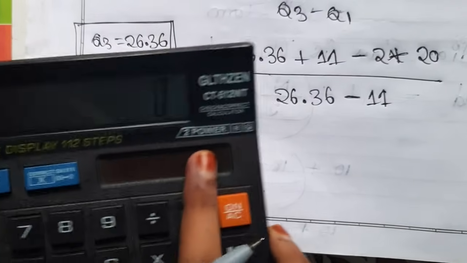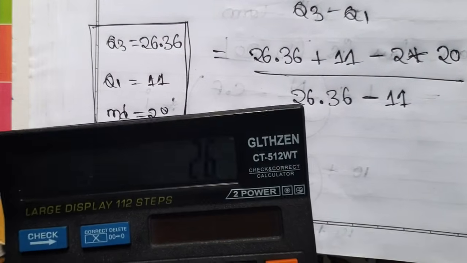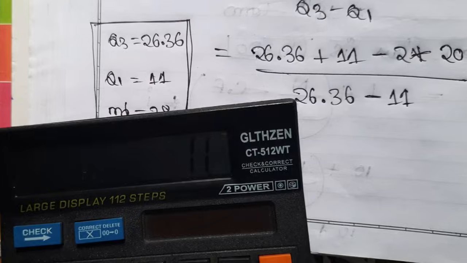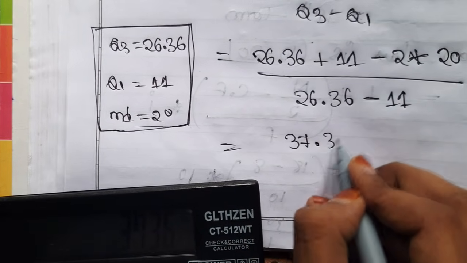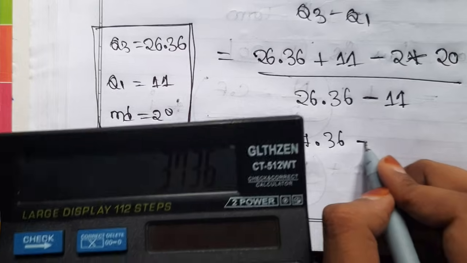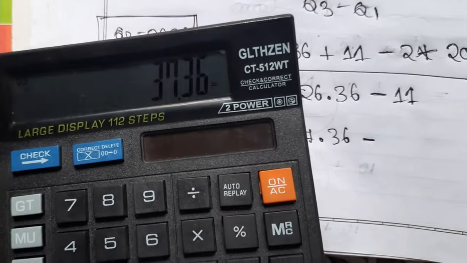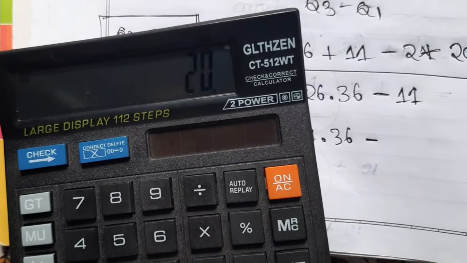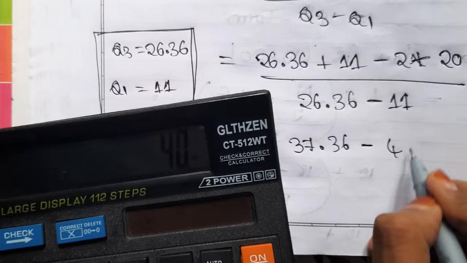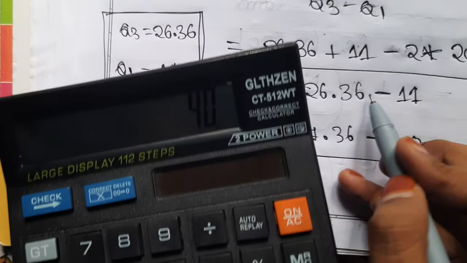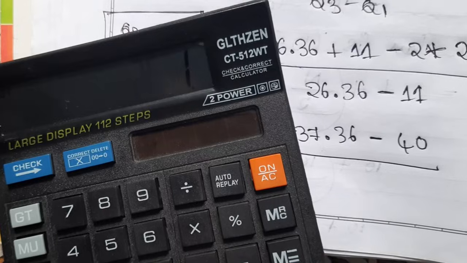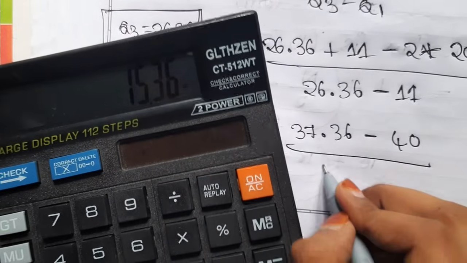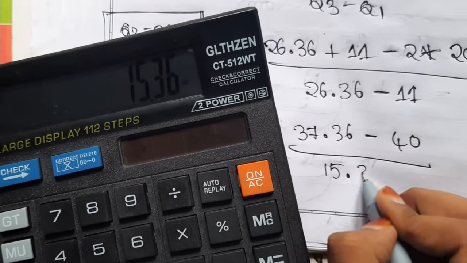Okay, let us see. 26.36 plus 11, how much it is? It is 37.36 minus 2 into 20, how much it will be? 2 into 20, it will be 40, right? So 40. Next, 26.36 minus 11, how much it is? It is 15.36.